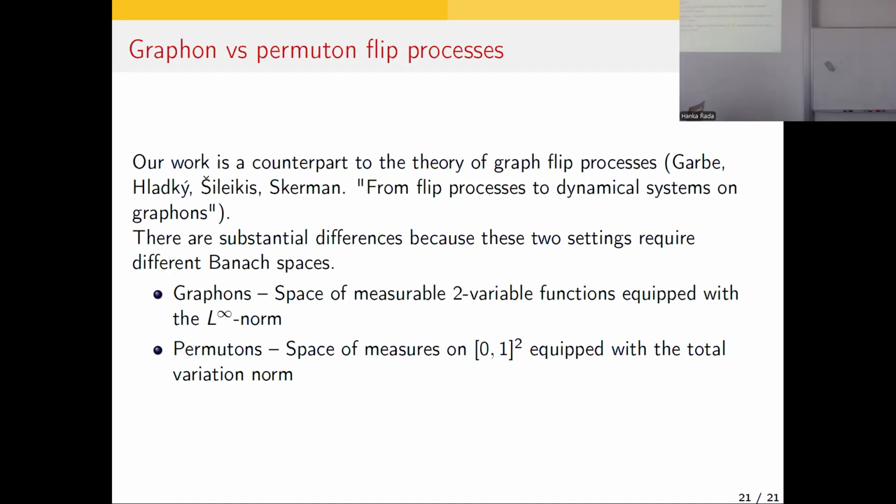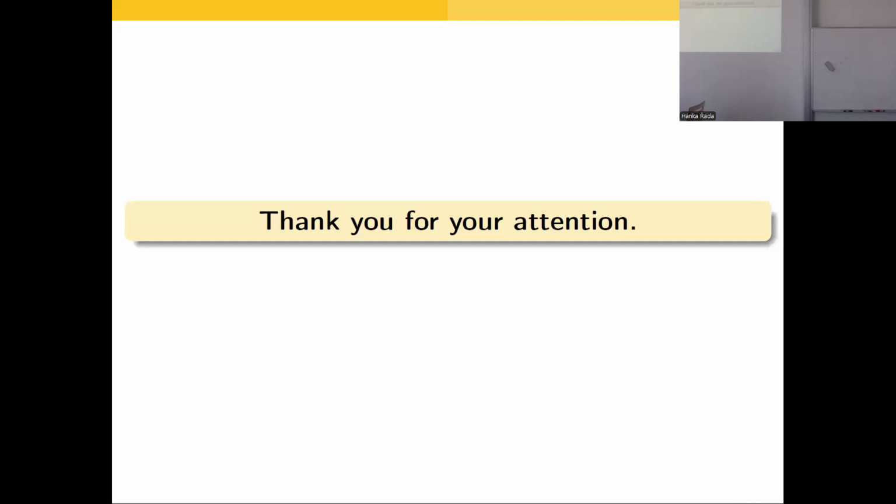The graphons are spaces of two-variable functions equipped with the L infinity norm, while the permutons are measures on a square equipped with the total variation norm. And there are some very different details. Okay, so that's all. I think for questions.